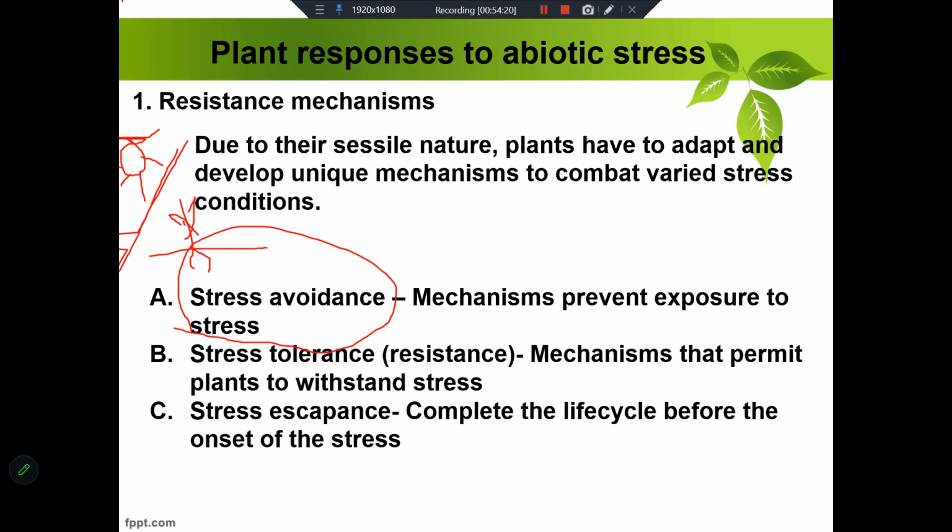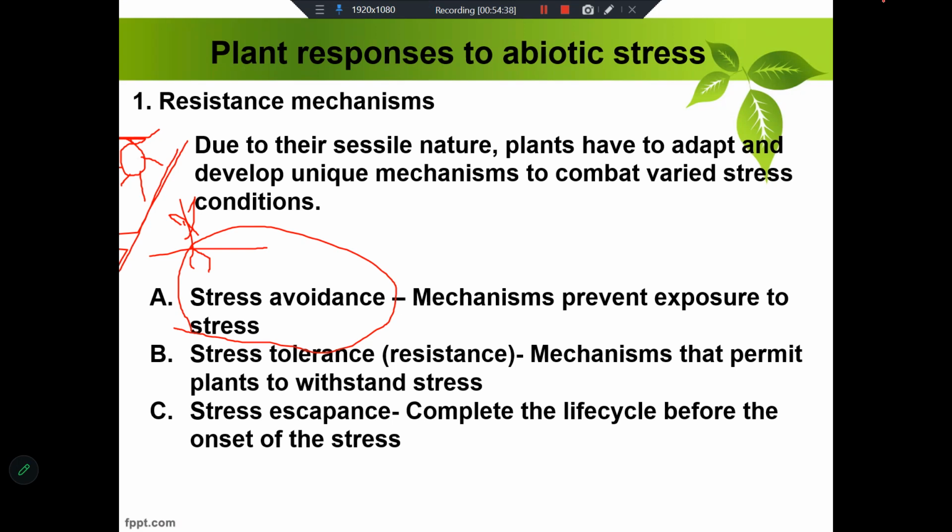In mangroves, viviparous germination. Yes, viviparous germination can be considered as a stress avoidance. What is viviparity? The seeds will germinate attached to the mother plant.